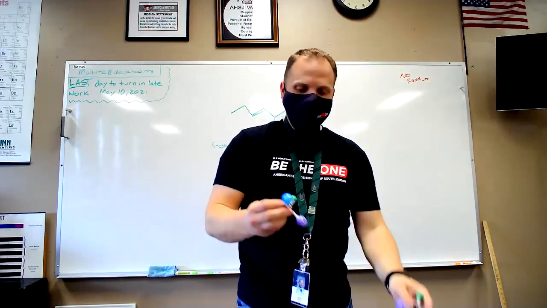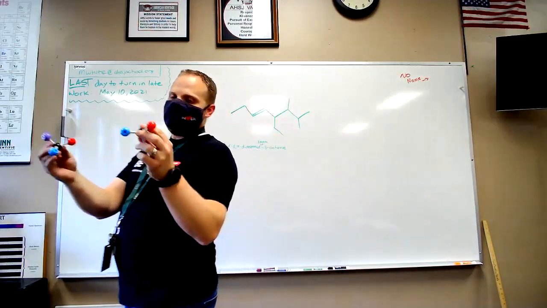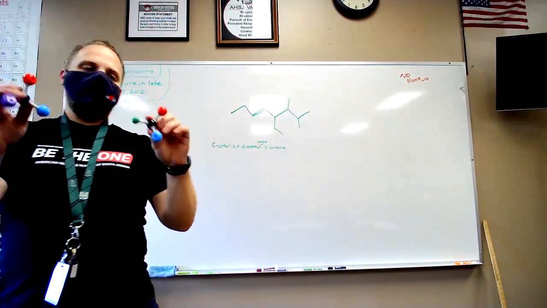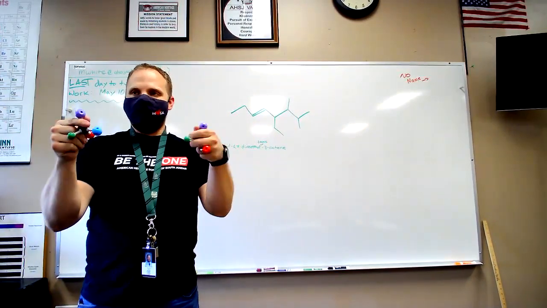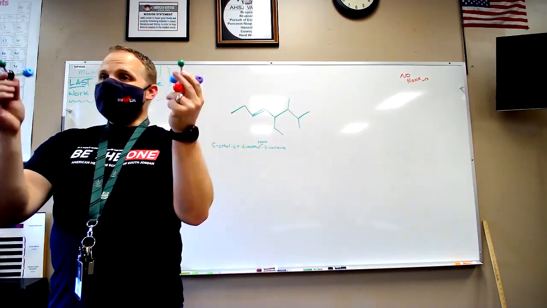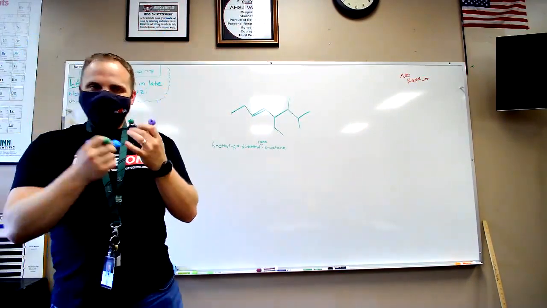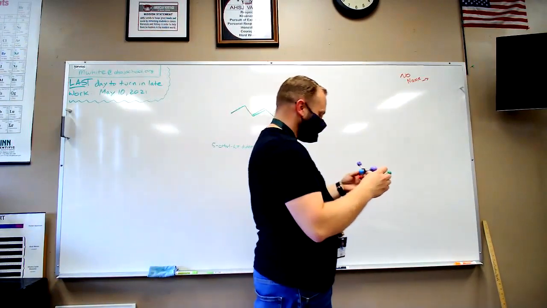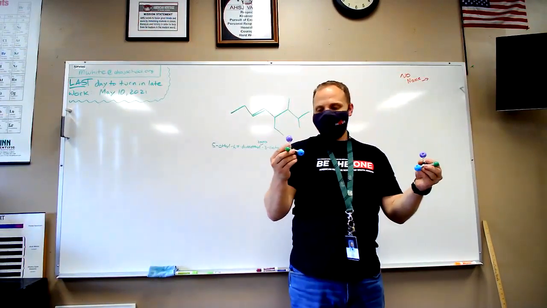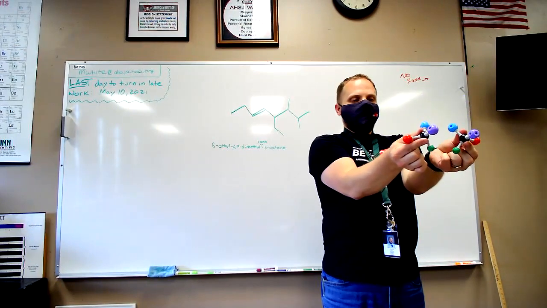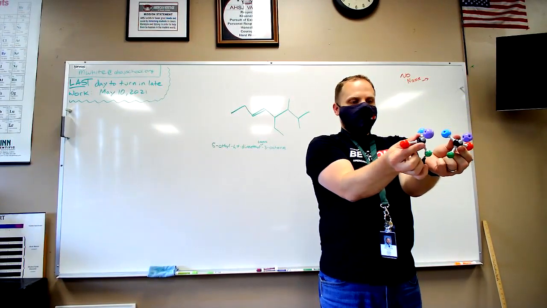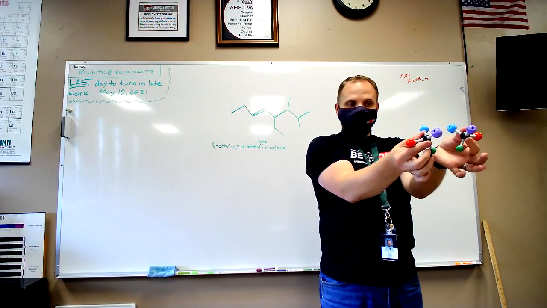Here, notice, we've got the black in the middle. We have red, green, blue, and purple. So these are isomers. They are exactly the same as far as what is in them. They're also mirror images. You see that? There was a mirror right here. This is what you would see in the mirror.